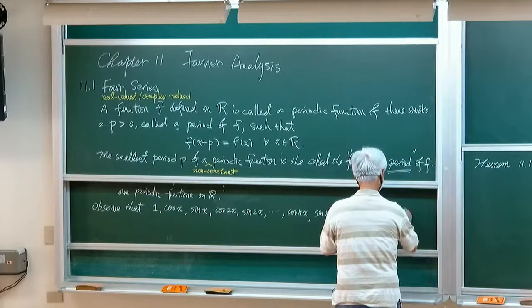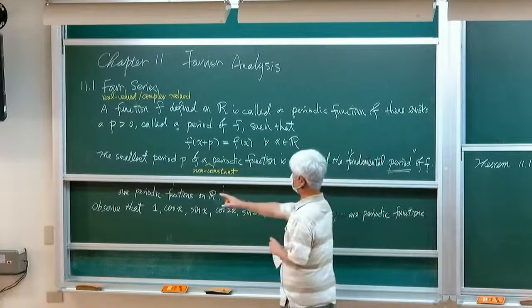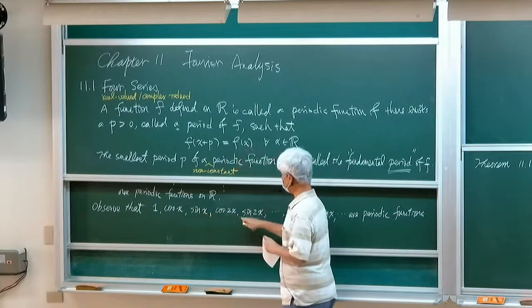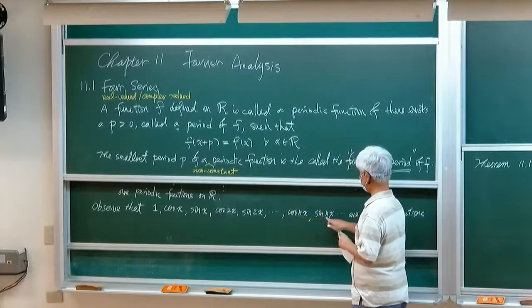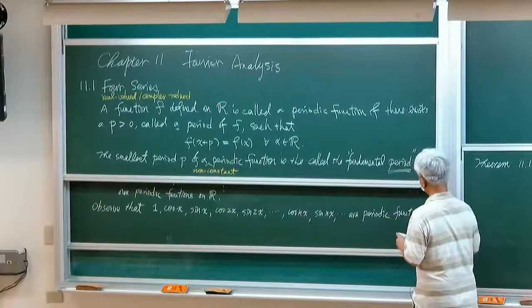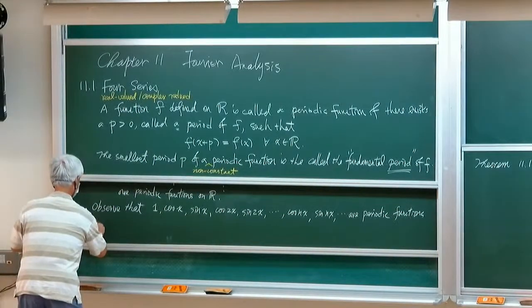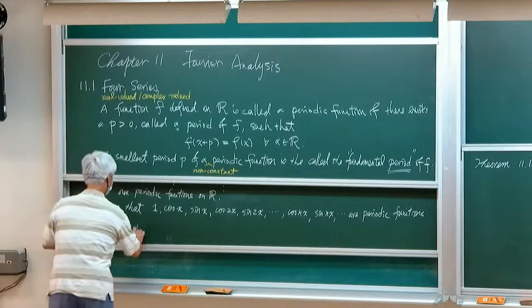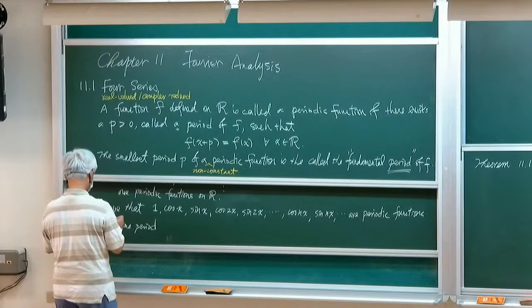Okay, so now, constant function 1, cosine x, sine x, cosine 2x, sine 2x, and cosine nx, sine nx, etc. are periodic functions. Okay, with the same period, 2 pi.